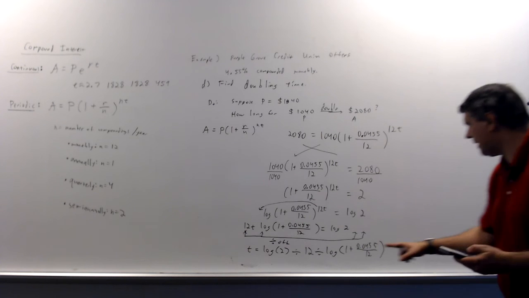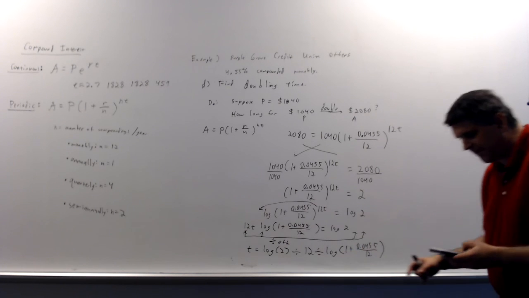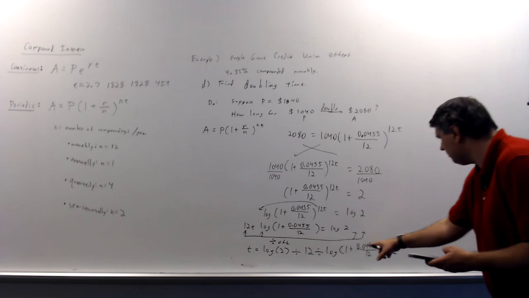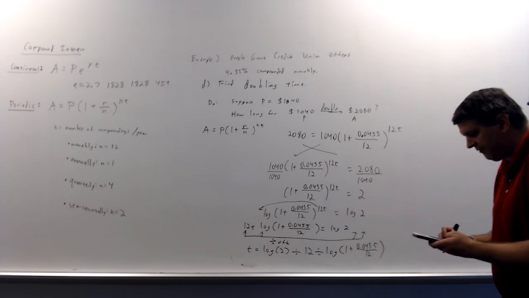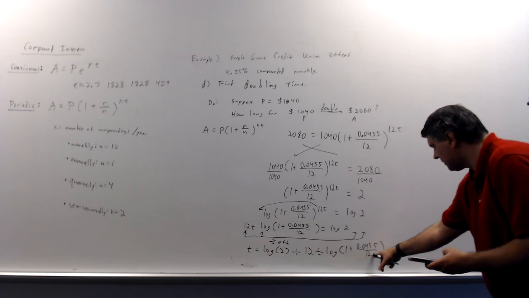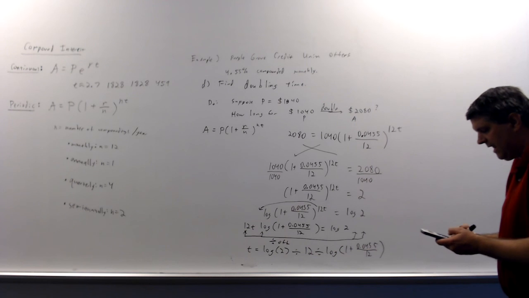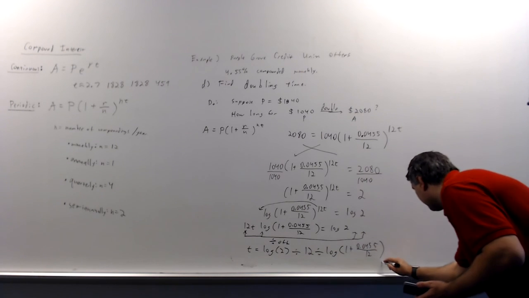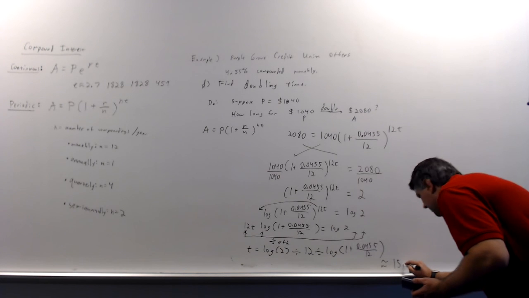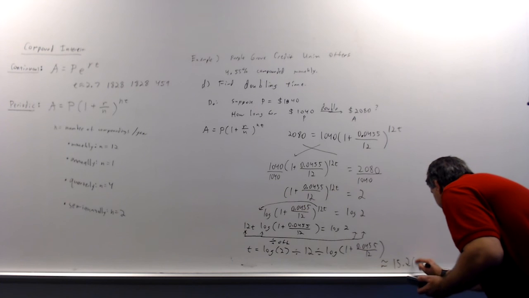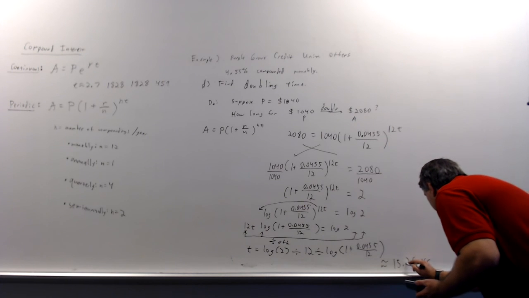Be sure to use a pair of parentheses. Parenthesis 1 plus 0.0455 divided by 12. Balance the parenthesis. Hit enter or equal. I'm looking at approximately 15.26 years. Okay?